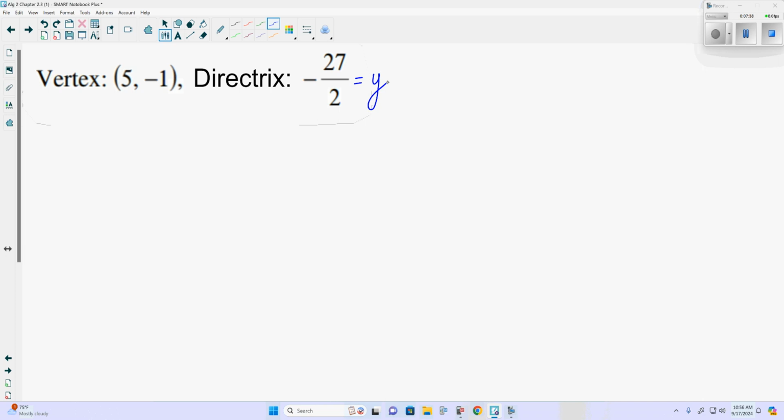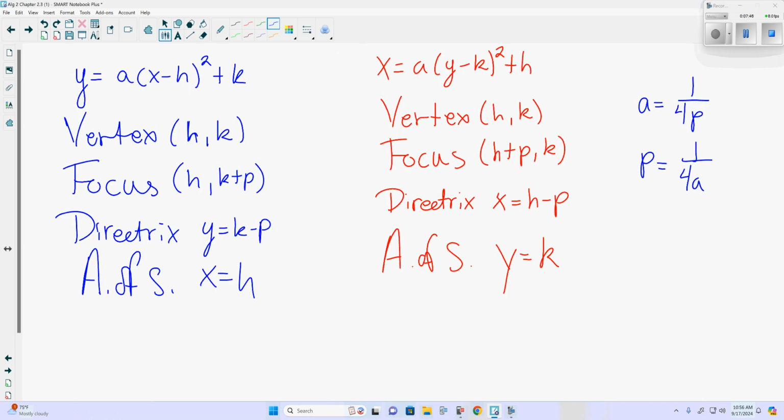Now if it gives you the directrix or axis of symmetry, it is nice because of one main thing. Let's go back to the general forms here, and that's why I listed them out. If you look at the two directrix, they're both an equation. Directrix and axis of symmetry are equations. For the x equals equation, the one on the right, if we look down at the directrix, it is x equals h minus p, yes?